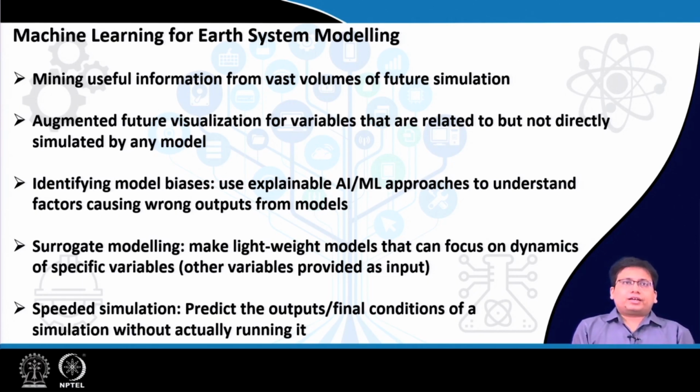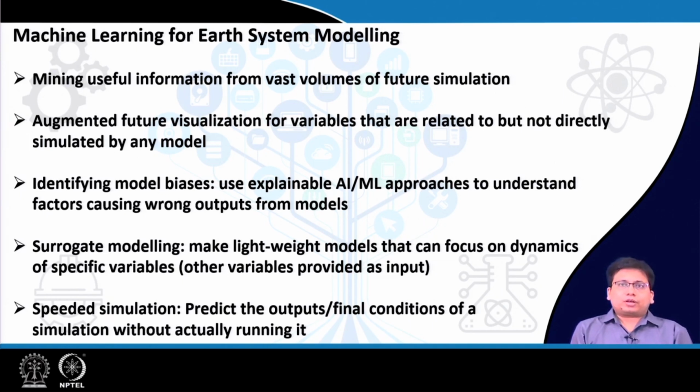Then apart from that, we have already discussed explainable and interpretable machine learning techniques, like layer-wise relevance propagation and backward optimization and things like that. Suppose a model makes a prediction, the idea is to understand why it made such a prediction, that is, which part of the input caused it to make such a prediction.